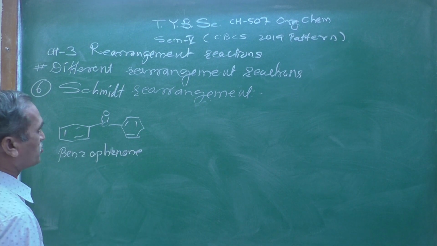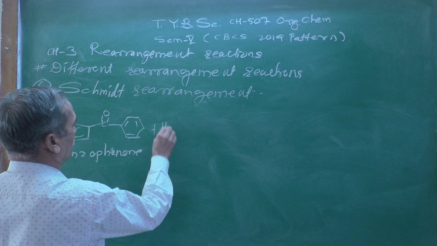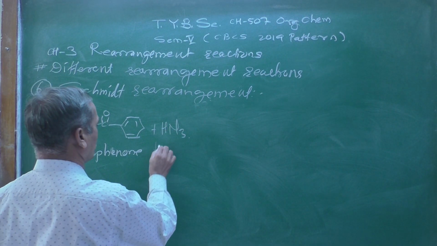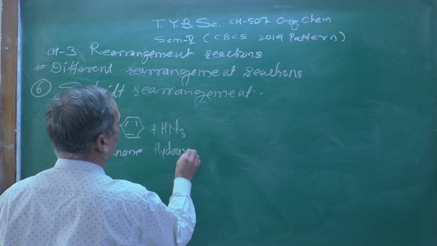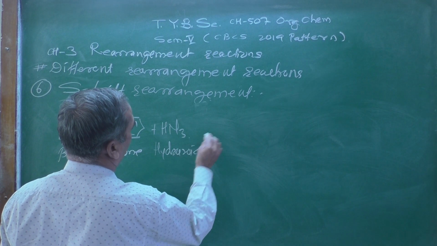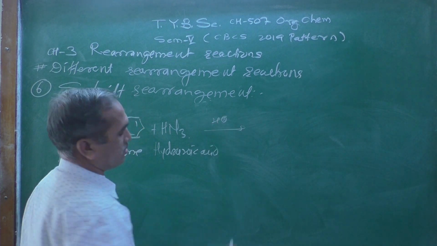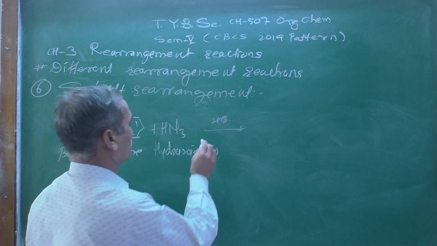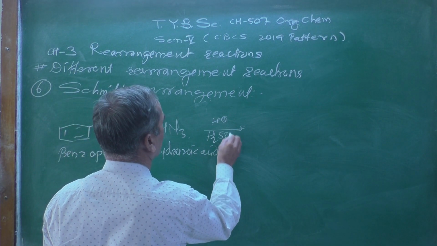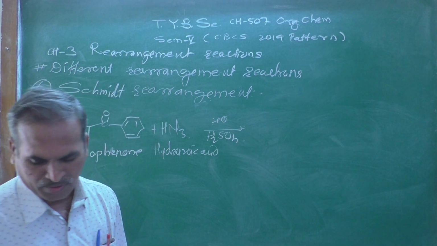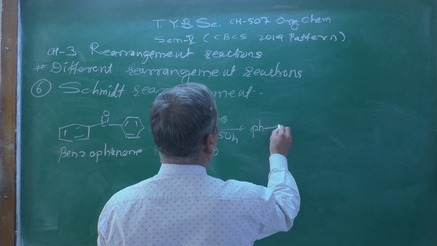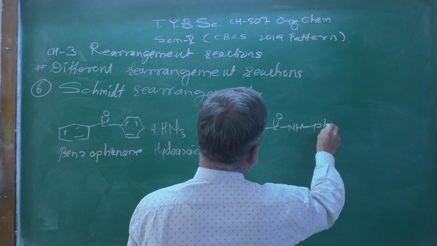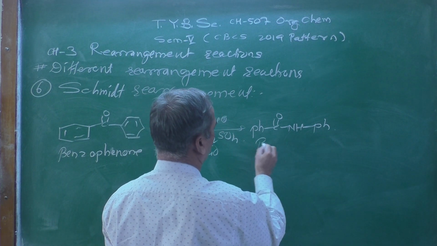That also gets reacted with this HN3, which is known as hydrazoic acid, in presence of H plus or concentrated H plus, generally coming from H2SO4. The resulting compound obtained will be here Ph, C double bond O, NH, and Ph. It is known as a benzanilide.